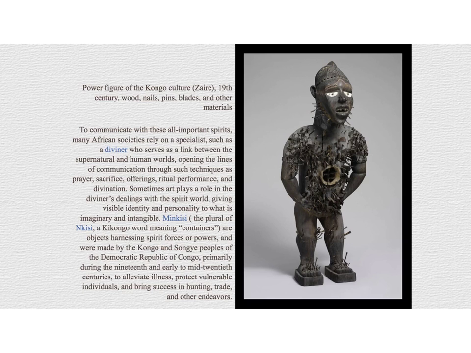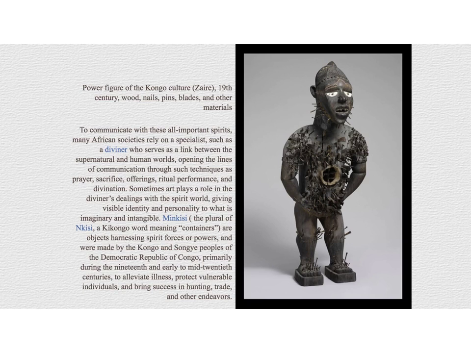They use all different kinds of techniques to achieve this: prayers, sacrifices, offerings, rituals, dances, all different things. A diviner is somebody who's thought to be able to communicate with the spirit world more easily and sometimes tell the future. And a lot of times art intersects with the role of a diviner in an African culture. And that's an example of what we have here.